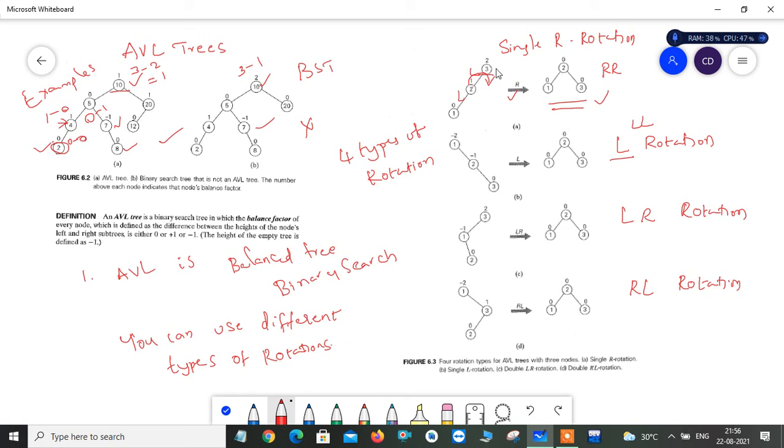When you rotate this 3 to the right, it becomes a right child to 2. Whenever you perform the rotation, you have to observe whether the tree is still a binary search tree or not, because I already said your AVL tree is a balanced binary search tree, so you have to follow these 2 properties.